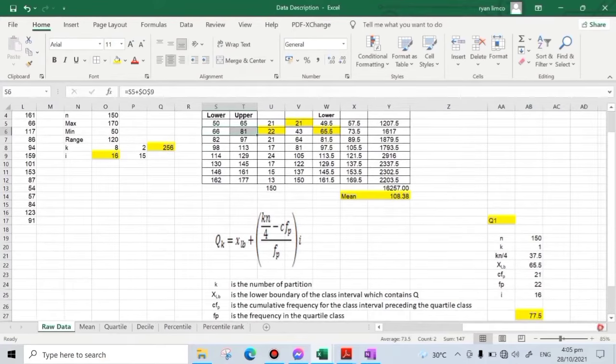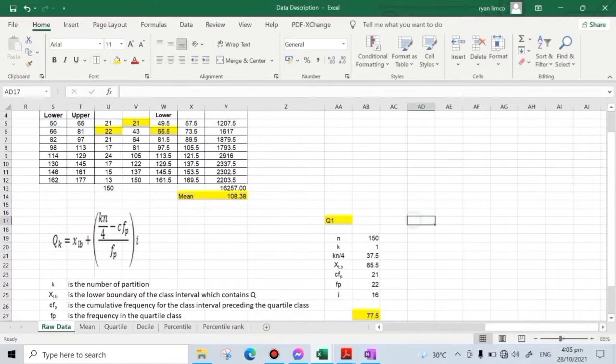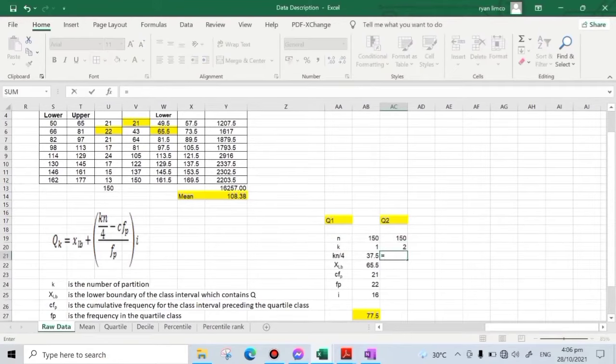So what if we are going to compute for the second quartile? For the second quartile, Q2, the same yung ating N, that's 150, yung K natin is 2, equals the Kn over 4, so K is 2 times N, 150, divided by 4, that is 75.